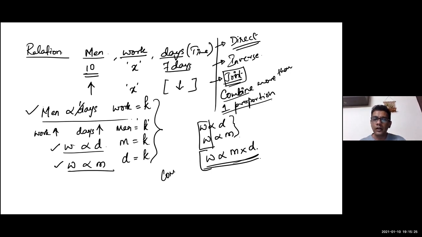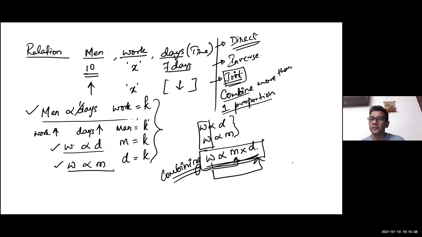I am not multiplying. I am combining the proportions. It is very important to understand. We are not multiplying the proportions. We are combining the proportions. So we are saying that work is directly proportional to men and work is directly proportional to days, right? And thus work is directly proportional to men into days.